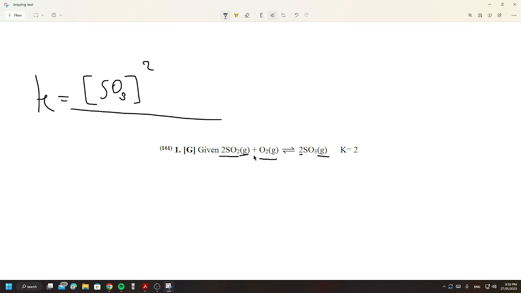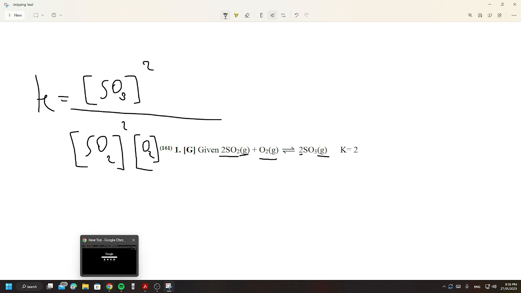We consider these since they are gases. So SO3 squared over SO2 squared times O2.